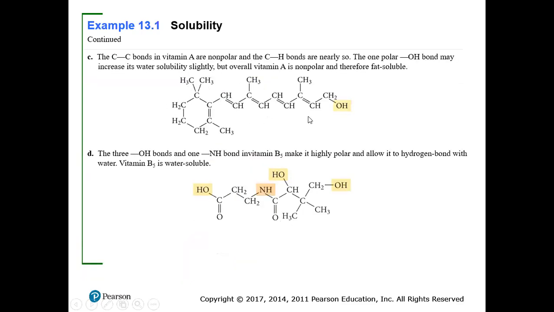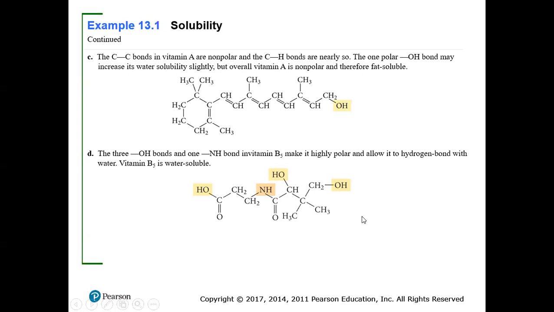Here we have another vitamin where we have this big bulky part that is all nonpolar because it's just carbon and hydrogen. And we have this one little polar thing on the end that can hydrogen bond with the water. But overall, this molecule has a lot more that is nonpolar. So this is going to be slightly soluble in water because of the OH group, but mostly it will be fat soluble.